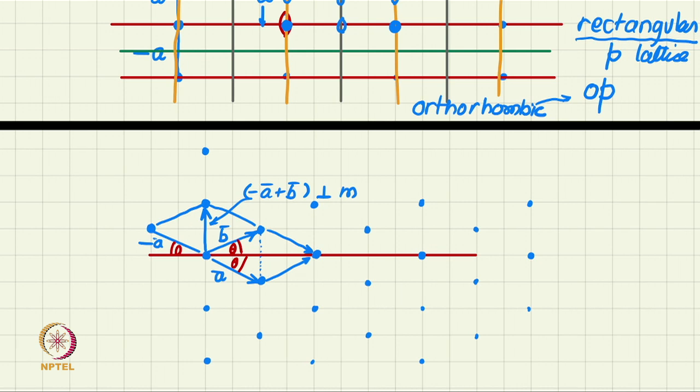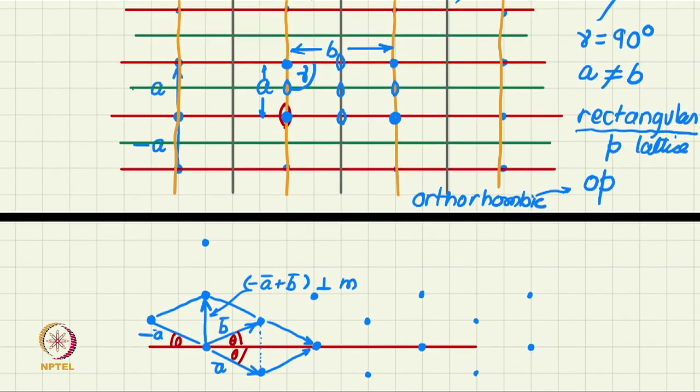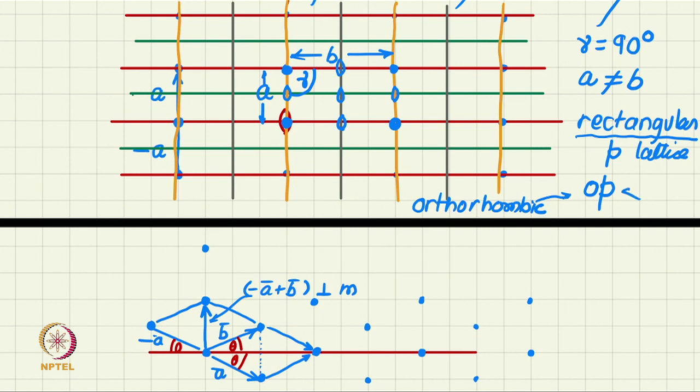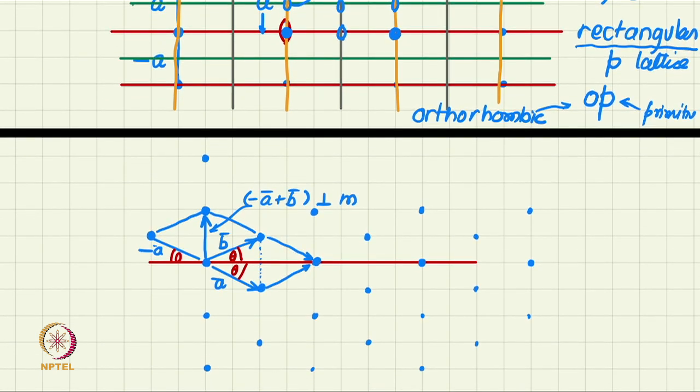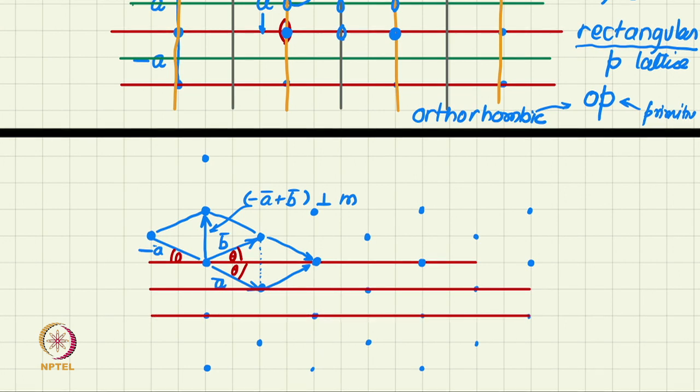The first way of creating gave me a primitive, and that is why that P was there, primitive. But this way of creating it again gave me parallel and perpendicular rows of lattice points, but it is giving me these middle lattice points also. And since all lattice points are equivalent, again you will have mirror planes passing through all these lattice points.